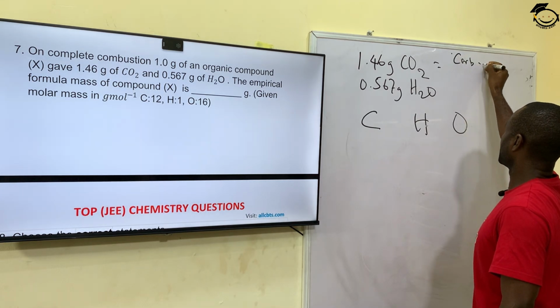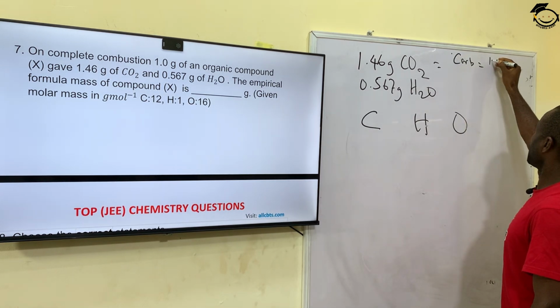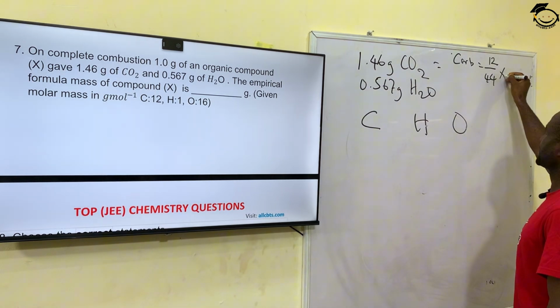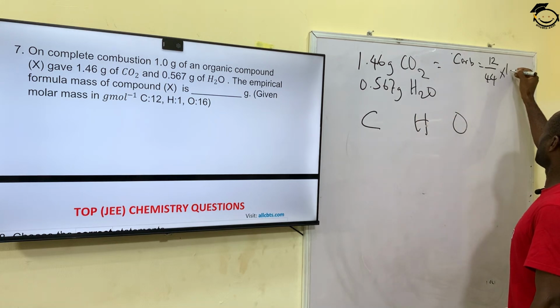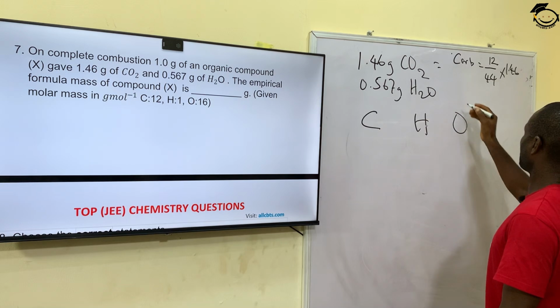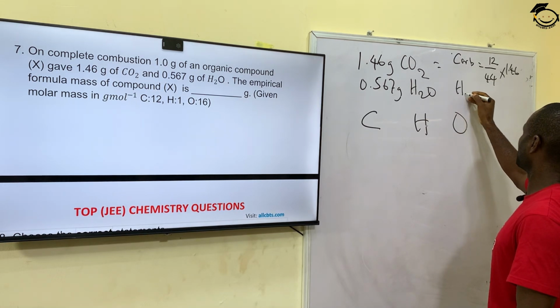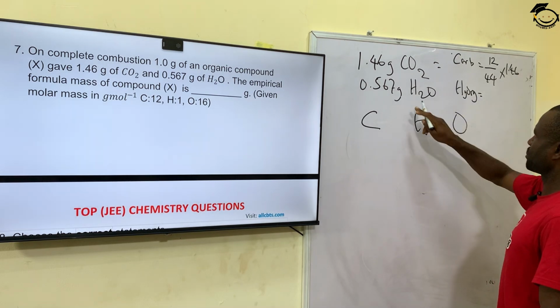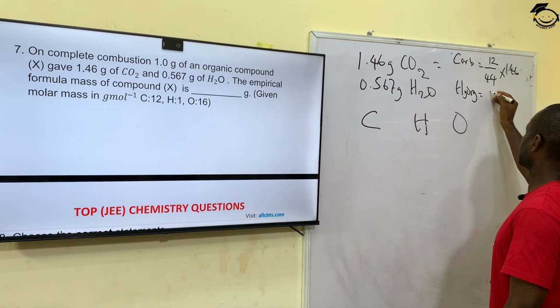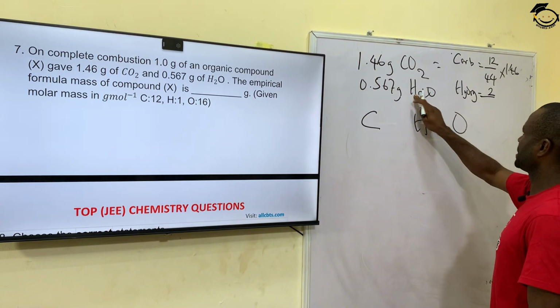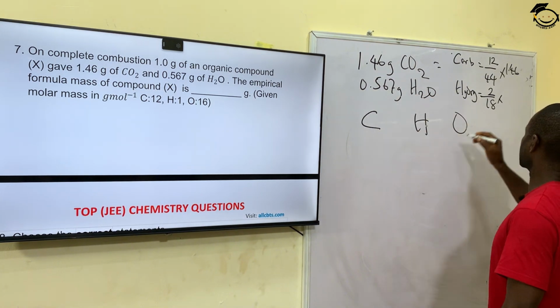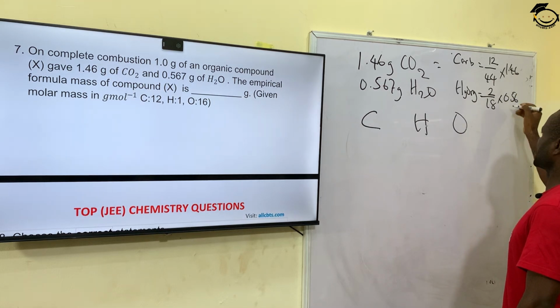Mass of carbon gives us 12/44, the relative atomic mass ratio, times the mass 1.46. For hydrogen, because we have 2 atoms of hydrogen, mass of hydrogen gives us 2/18, which is 2 plus 16, 18, times the mass 0.567.